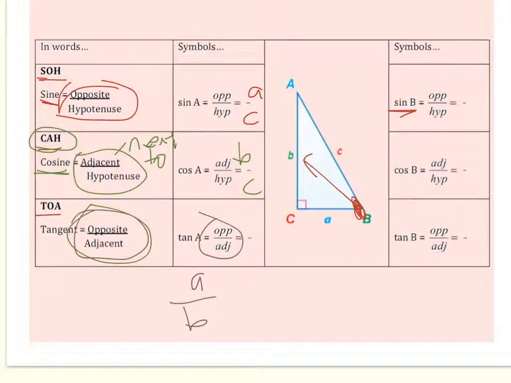Well, B. The hypotenuse is always the hypotenuse, so that's going to be C. For cosine, that's going to be adjacent, so that's going to be A, over the hypotenuse, C. And then lastly, tangent of B, opposite over adjacent, is going to be B over A. So you're always looking at the relationship from an angle.